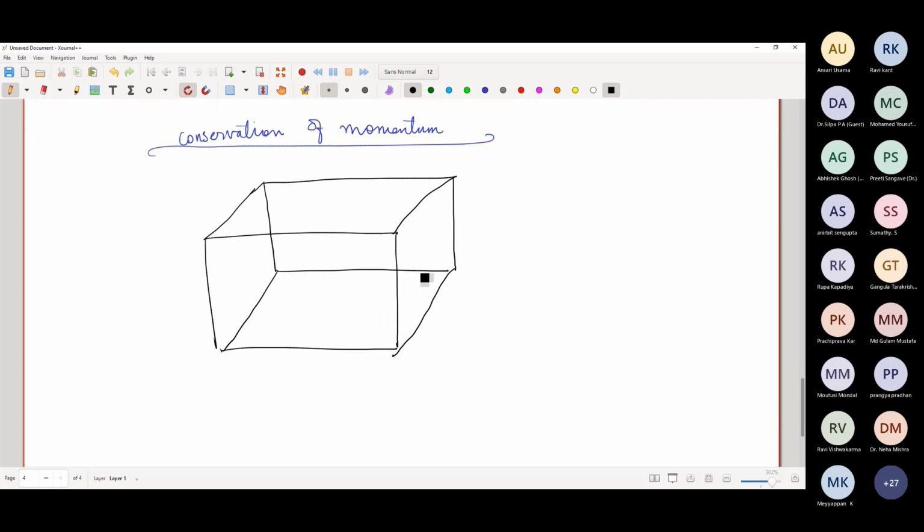So what does the conservation of momentum tell us? It's Newton's law basically, that the rate of change of momentum will be equal to the summation of all the forces acting on it, right?